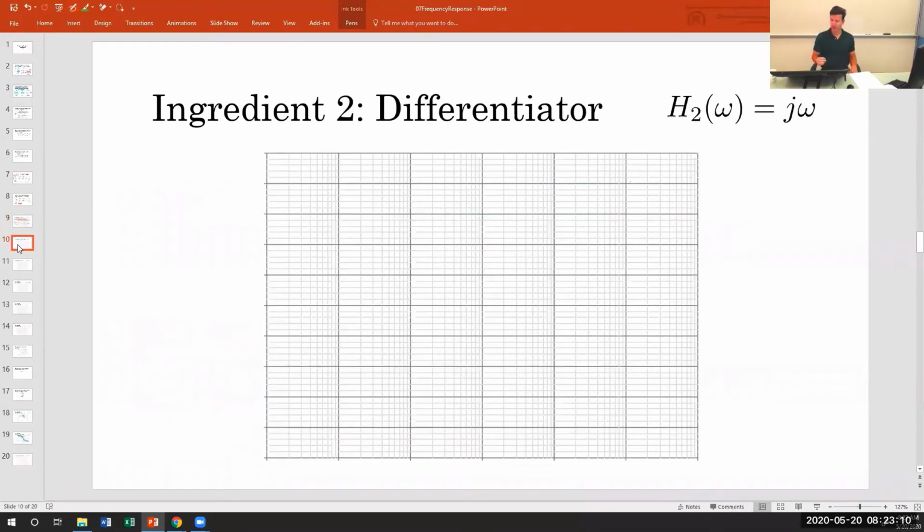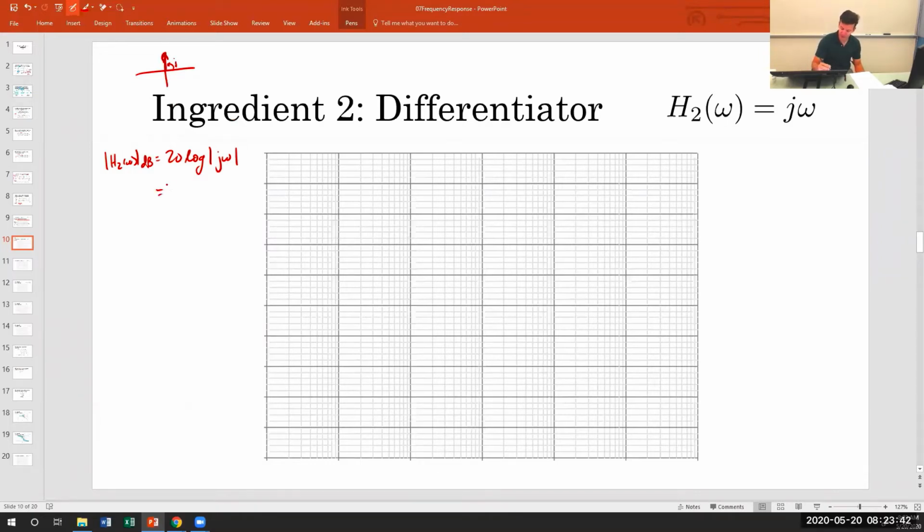Okay, let's talk about a differentiator. So what does the magnitude of this thing look like? The magnitude of H2 in dBs is simply the 20 log of the magnitude of j omega. Okay? The magnitude of j omega is simply omega, because j omega is the phasor that points due north, right? That's the j introducing that rotation.